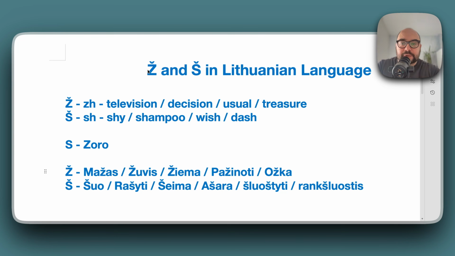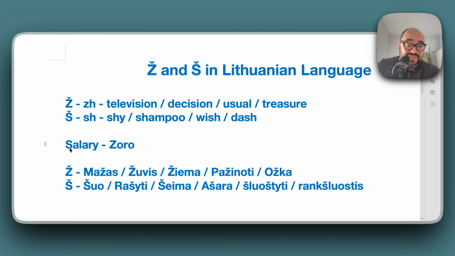Usually when we have these letters, they correspond to a specific sound. Lithuanian is more or less a language where it's going to be pronounced the way it's written. Salary, over here, I said, for S. So don't mix this up.